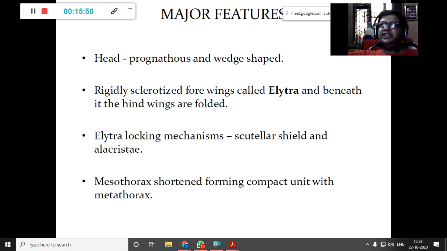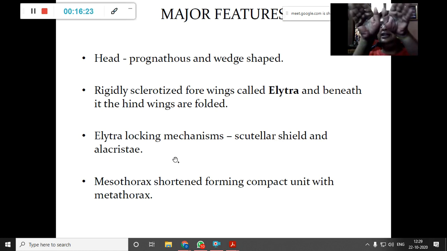The forewing is hard, sclerotized. Sclerotin is a protein. Being very hard, the elytra are like a sheath outside, and therefore they are coleopterans. So one characteristic feature of coleopterans is rigidly sclerotized forewings called elytra, with the hind wings folded beneath. Then the elytra locking mechanism, scutellum, shield and alacrista.